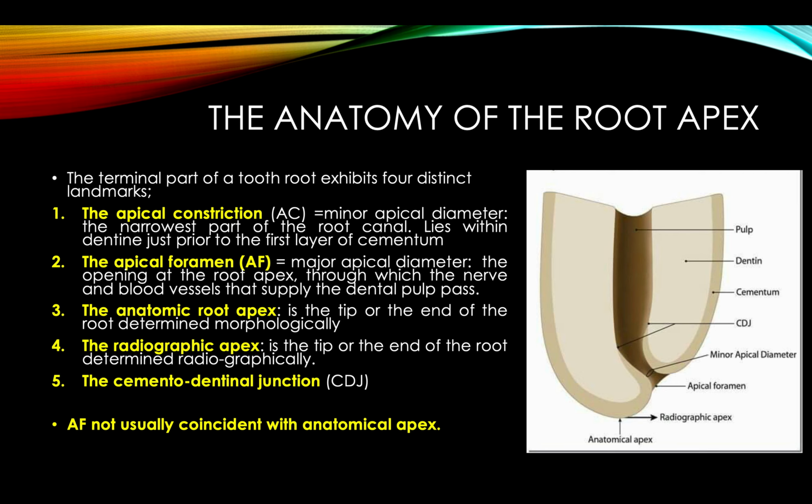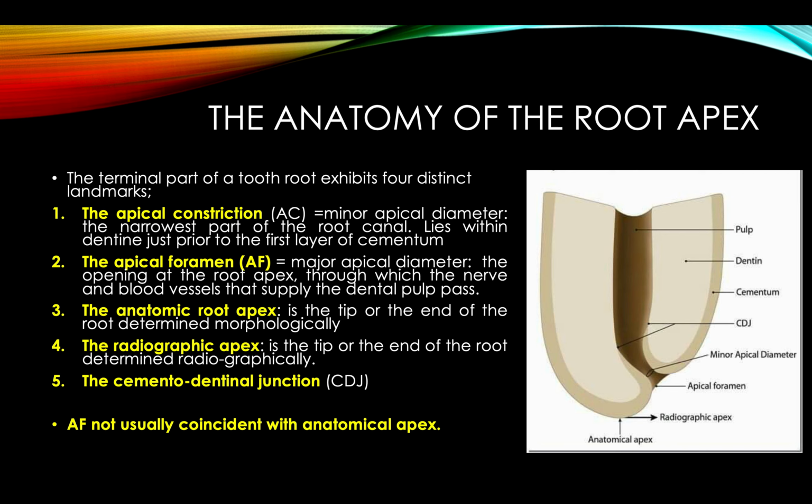The anatomic root apex is the tip or the end of the root as determined morphologically. So when you look at the extracted teeth, the tip or the end of the root, this is called the anatomic root apex as you see it morphologically. Now, when you take a radiograph for a tooth, the tip of the root is called the radiographic apex as determined radiographically.